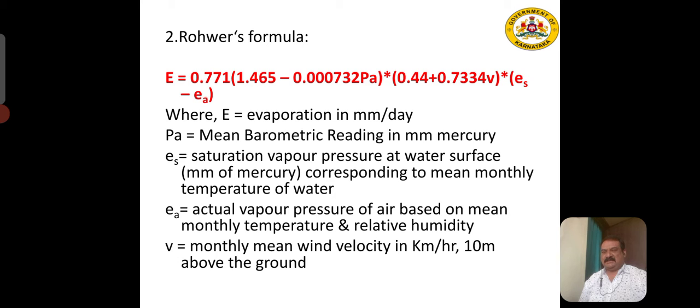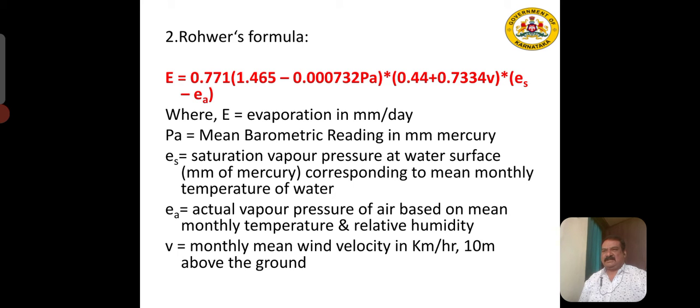ES is equal to saturation vapor pressure at water surface, that is mm of mercury corresponding to mean monthly temperature of water. EA is actual vapor pressure of air based on mean monthly temperature and relative humidity. Small v is monthly mean wind velocity in kilometers per hour, 10 meters above the ground level.